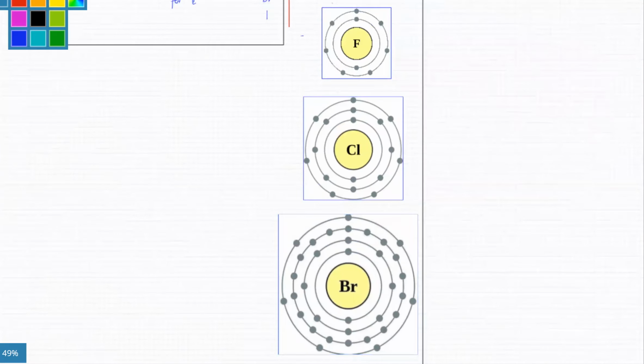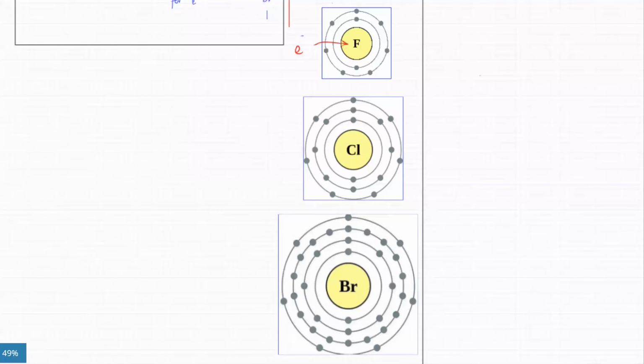Now, why is it that fluorine attracts electrons a lot more strongly? There's a thing called shielding. So you've got an electron that I'm keeping very close to fluorine, and it is going to be attracted by the nucleus of fluorine. And you've got an electron over here in the case of bromine, which is going to be attracted by the nucleus of bromine.